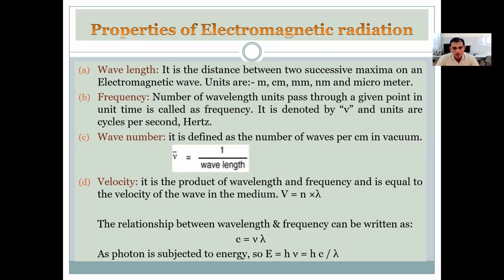So capital E is the energy, equal to h nu, which is equal to h c by lambda. Here c by lambda comes from the relationship between the wavelength and frequency, putting the value in nu. So it is converted into h c by lambda.